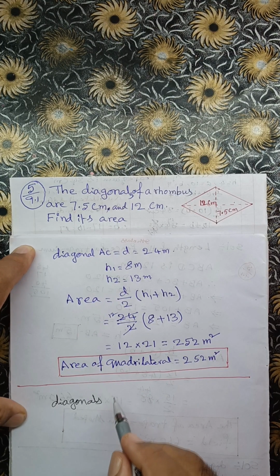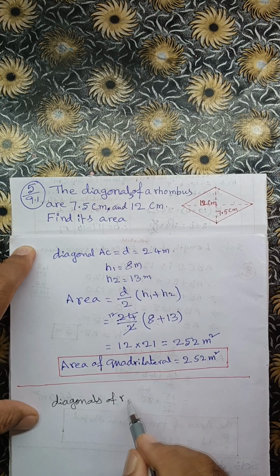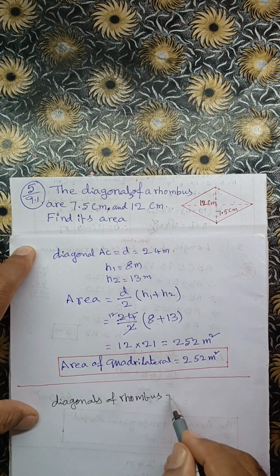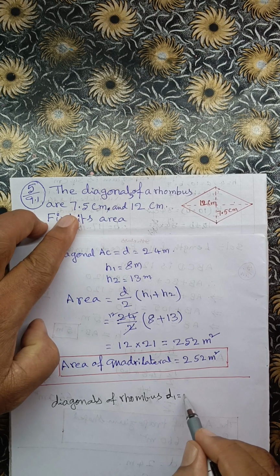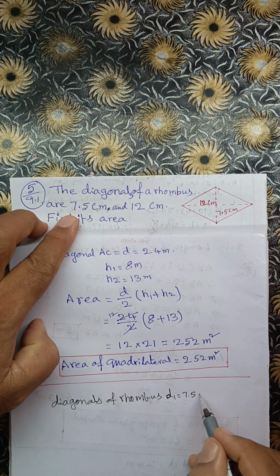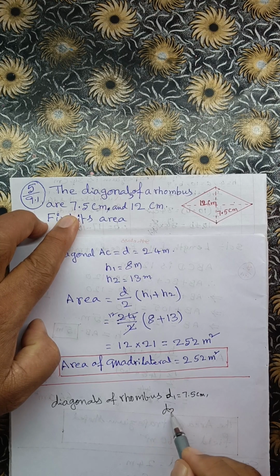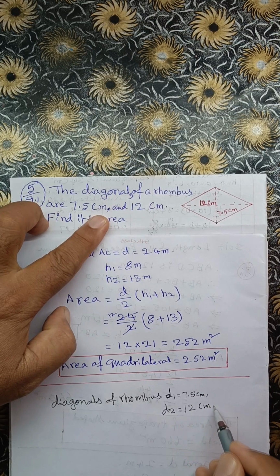Diagonals of rhombus: d1 is equal to 7.5 centimeter and d2 is equal to 12 centimeter.